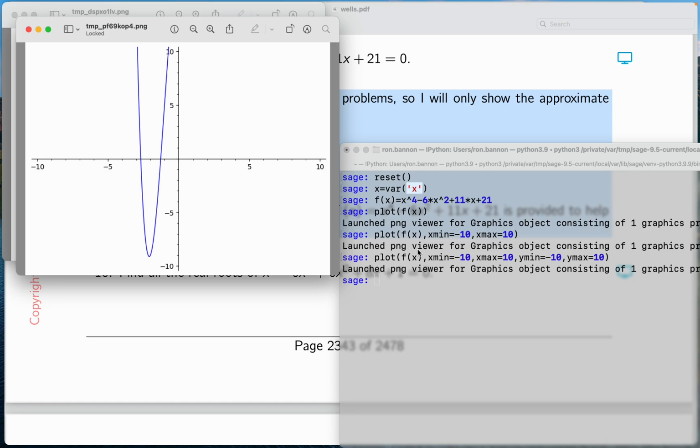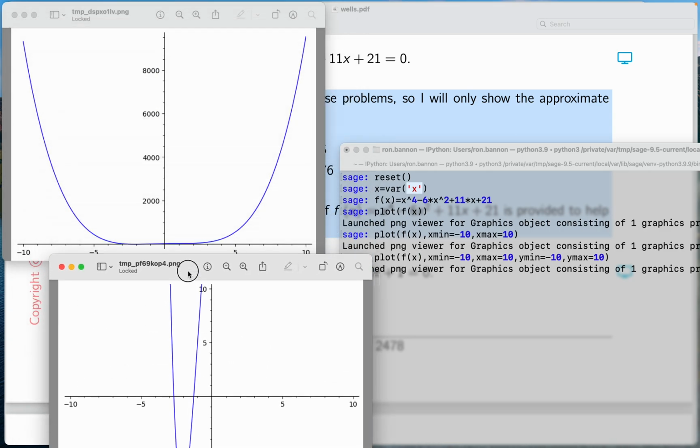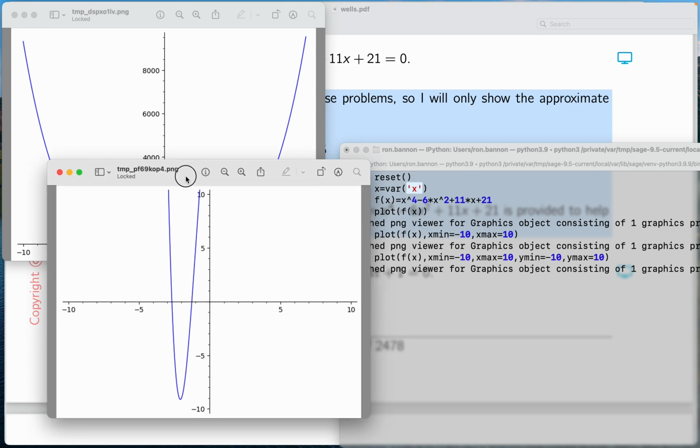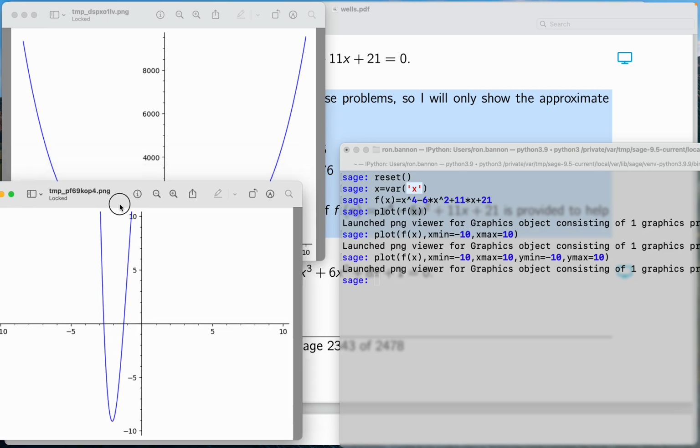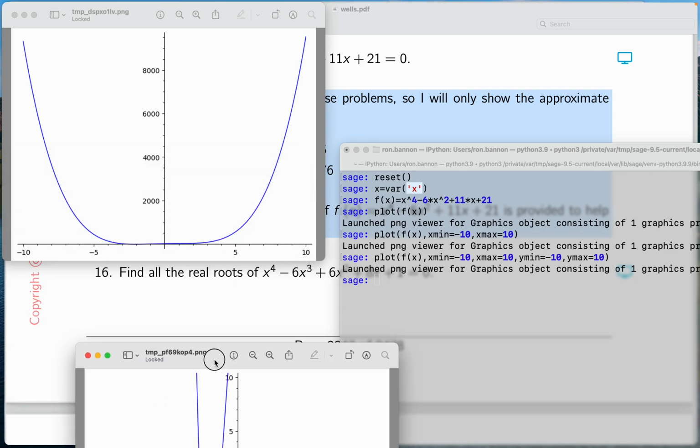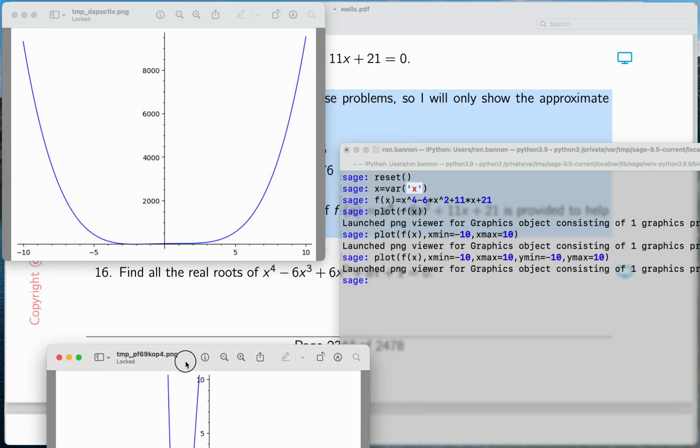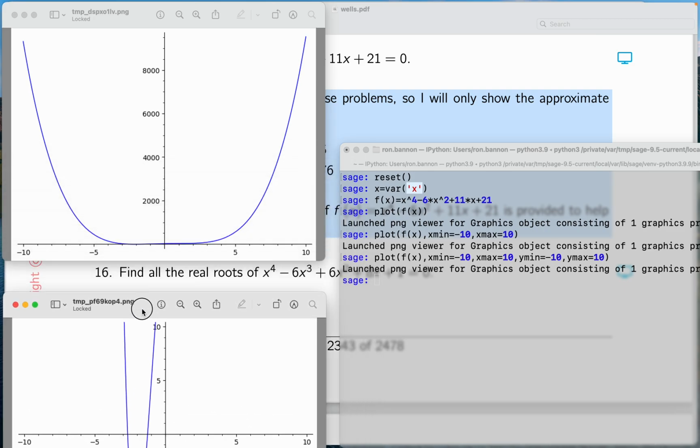Wait a second. Let me go backwards. What happened there? I wasn't expecting to see that. All right.